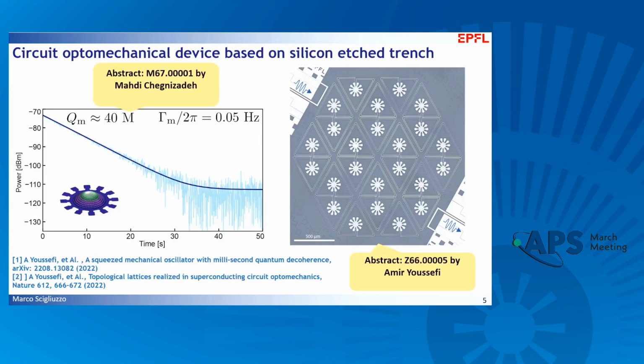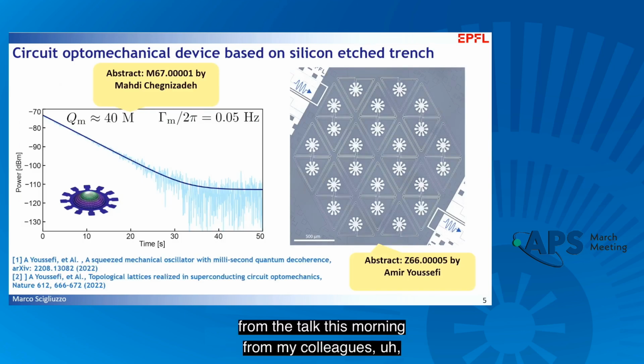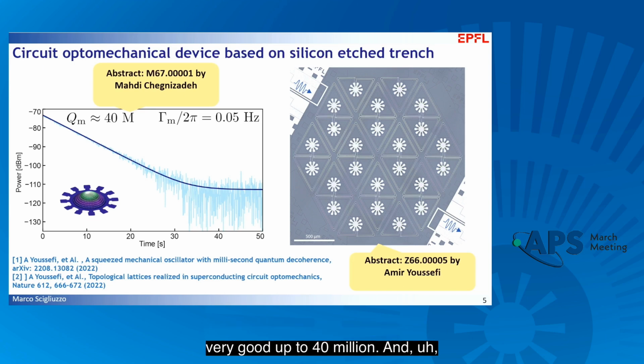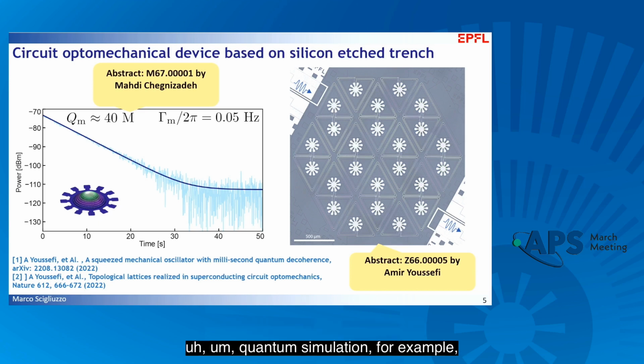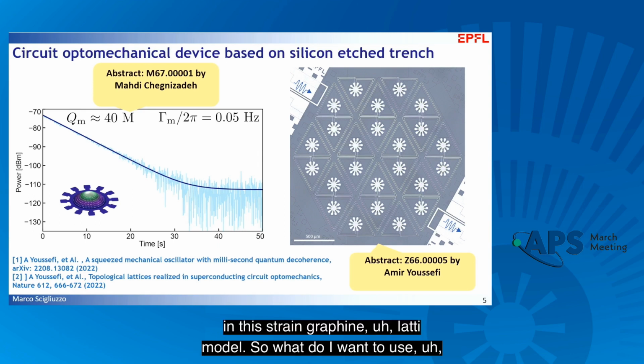And in fact, as you may have seen from the talk this morning from my colleagues, we demonstrated that the quality factor of these cavities is indeed very good, up to 40 million. And it's also possible to use this multimode optomechanical system for doing quantum simulation, for example, in this strained graphene lattice model.